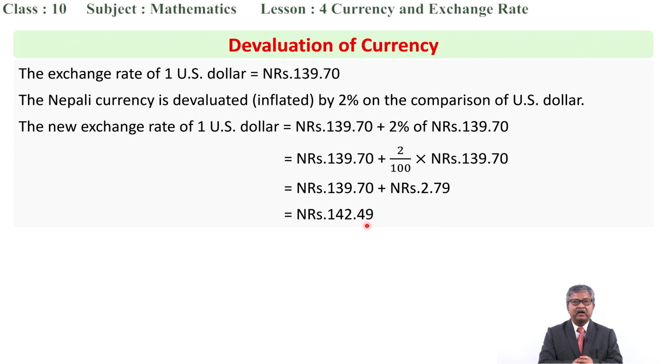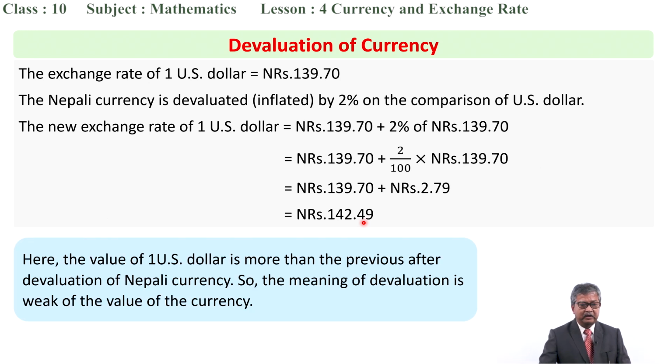So its meaning is that our country's currency is weaker, and the US dollar, the American currency, is stronger, isn't it? So the value of 1 US dollar is more than the previous after devaluation of Nepali currency. So the meaning of devaluation is weakening of the value of the currency.